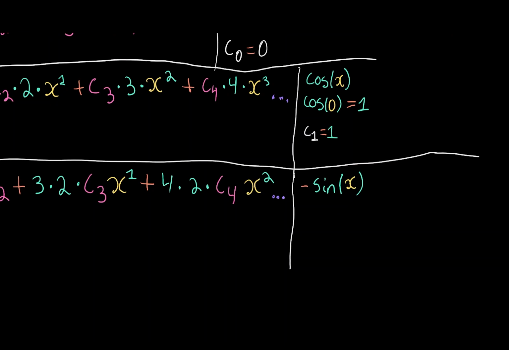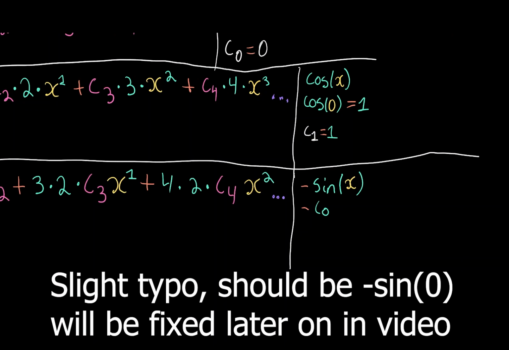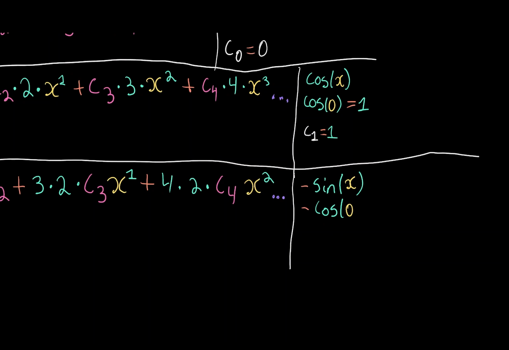That's the derivative of cos of x. Okay, well, let's do the same thing. Minus cos of 0 is equal to, well, 0 minus 0, which is just 0. So let's write that down.